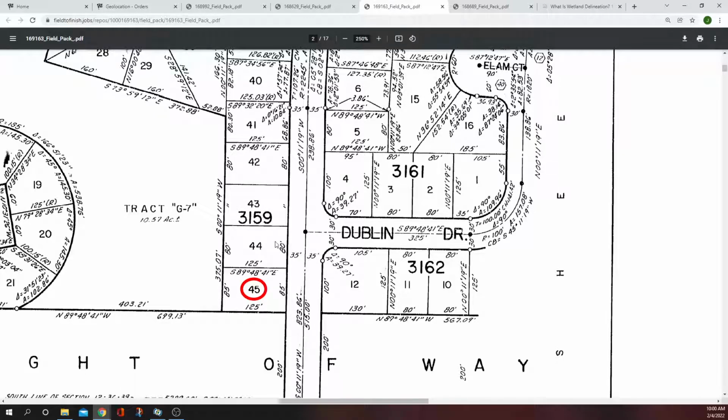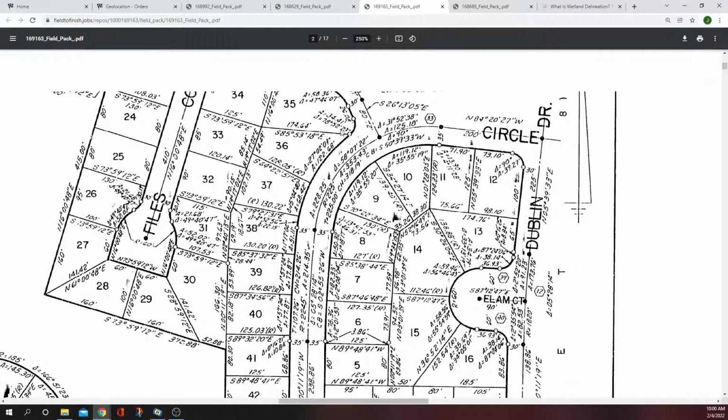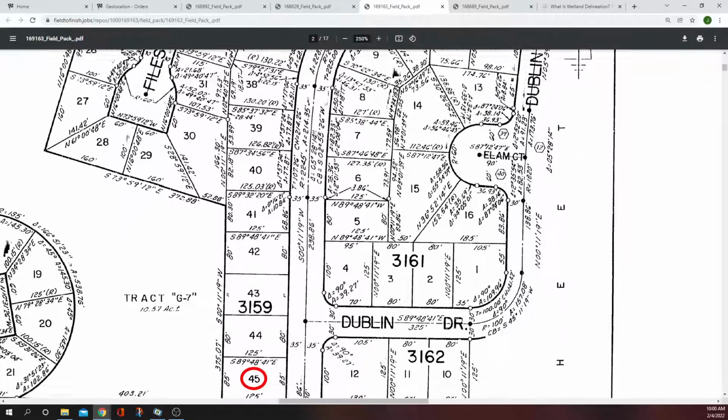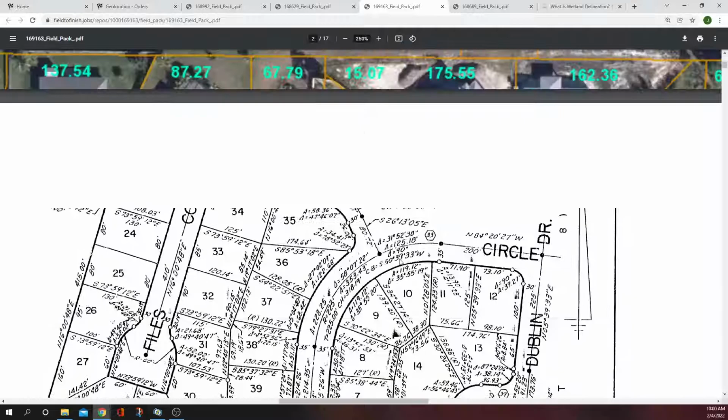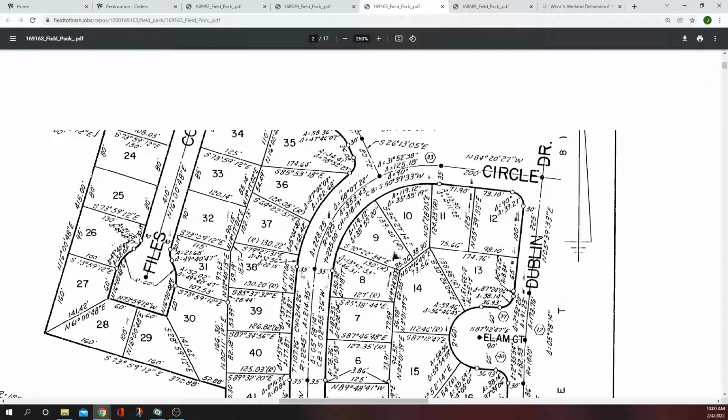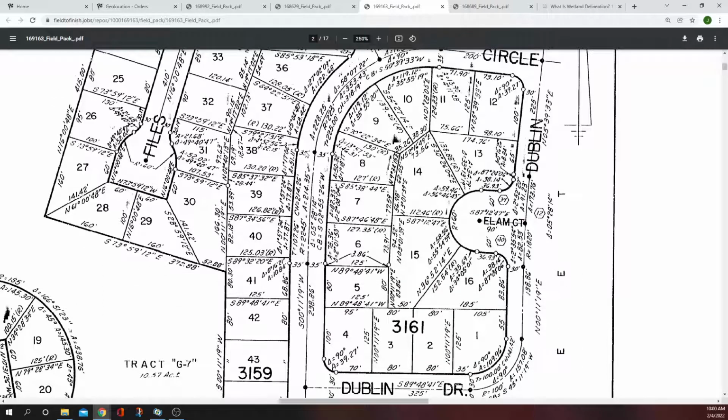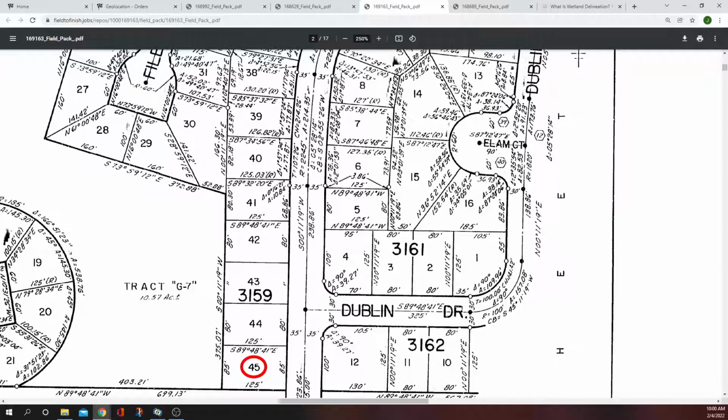So what I would do in this scenario is go to my intersections, block corners, and point of curvature first. Look for these primary points, in the center line and on the property line.